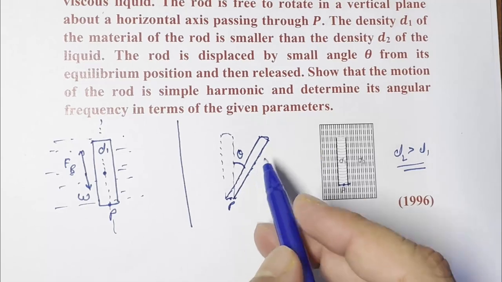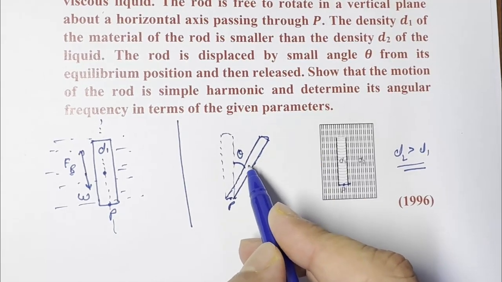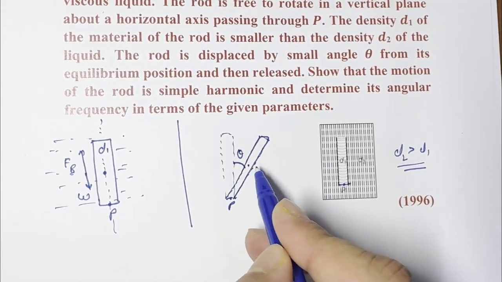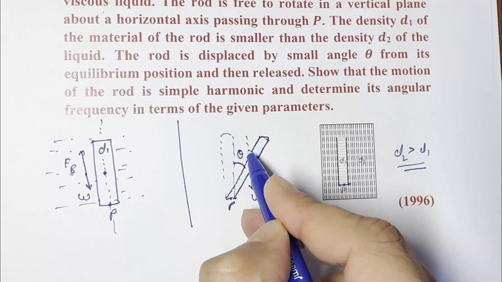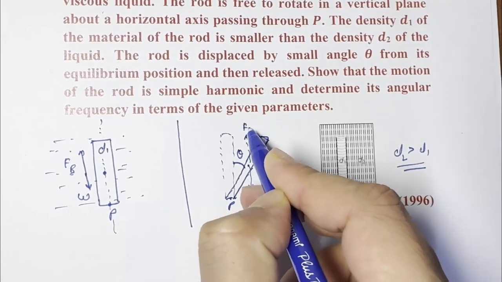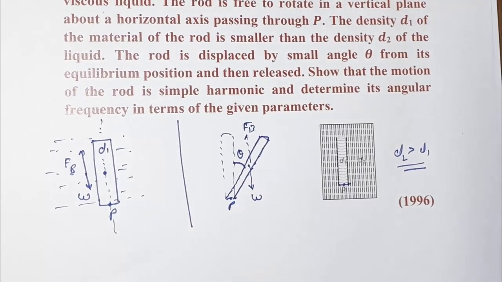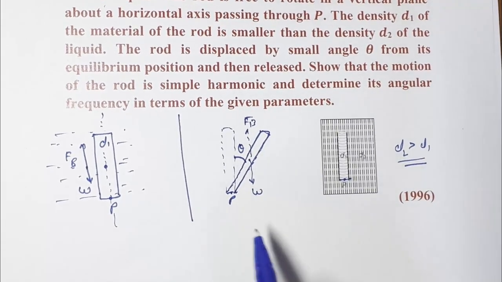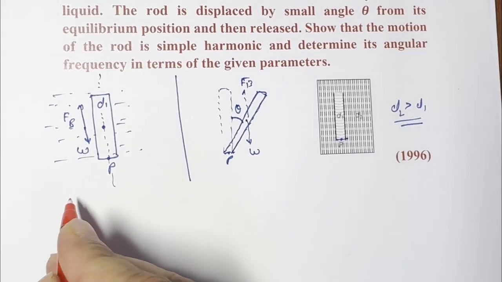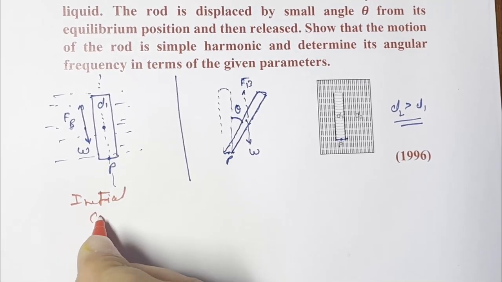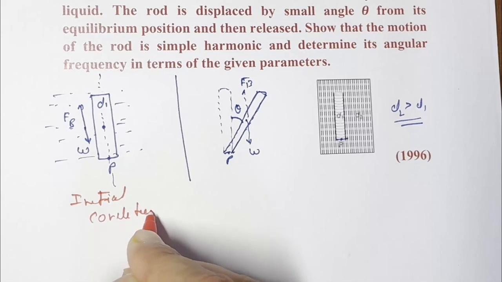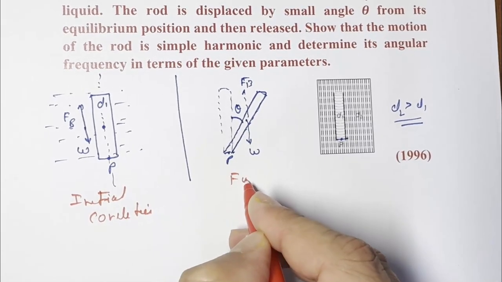Now here also there will be a weight acting in the downward direction, and we are going to have a buoyant force FB which will be in the upward direction. So this is our initial condition, and this is our final condition.